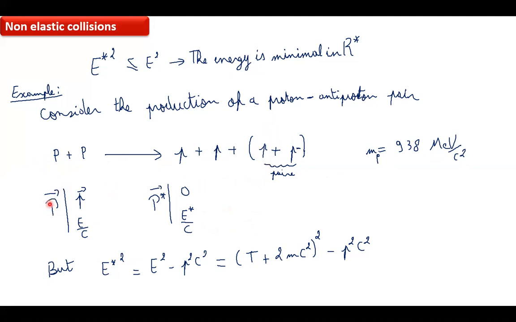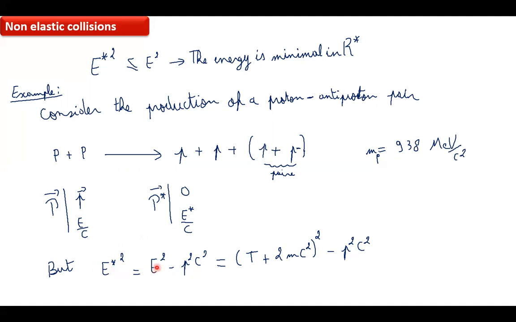So the total P is the total 3D P with the total energy over c as the time coordinate, and P star, the sum of 3D P's in R star, is 0, and the total energy is E star over c. We already know that E star squared is equal to E squared minus P squared c squared.